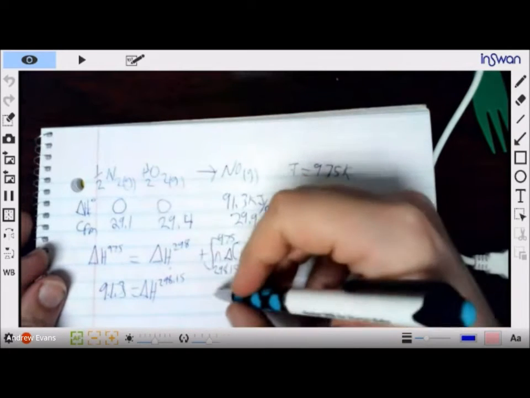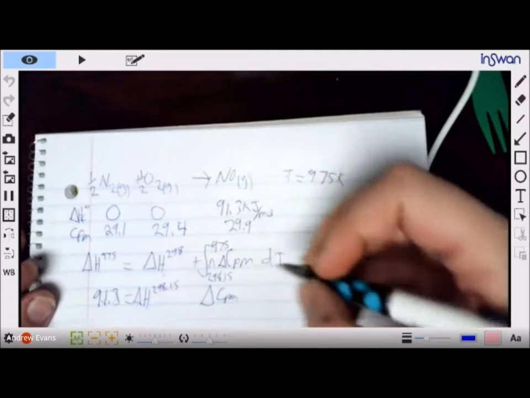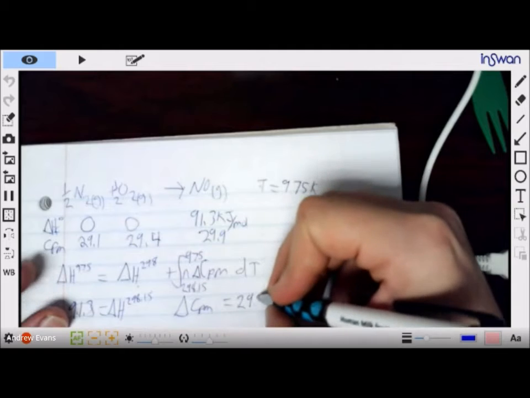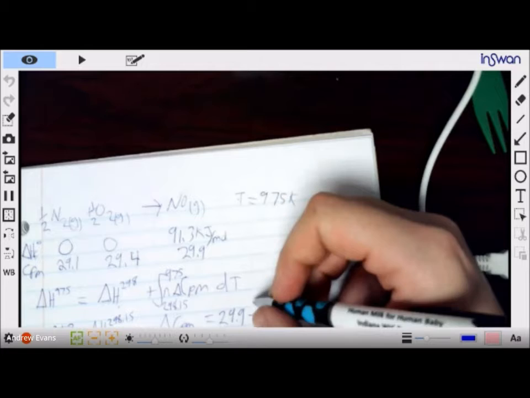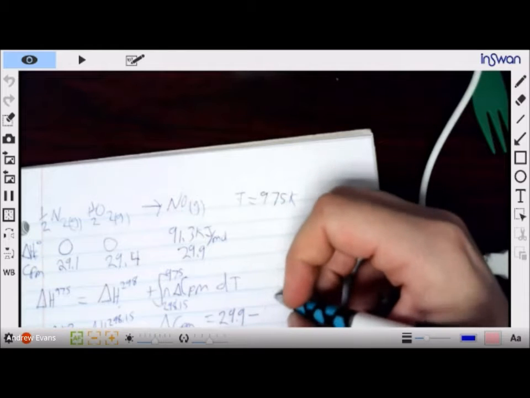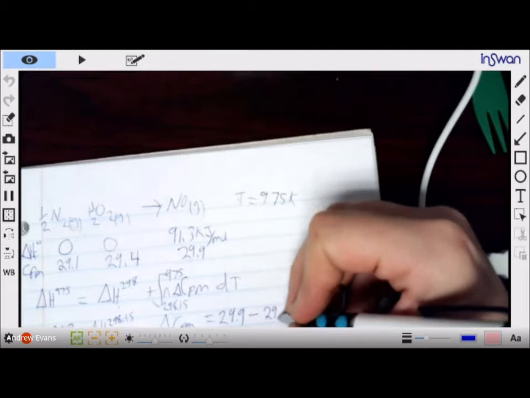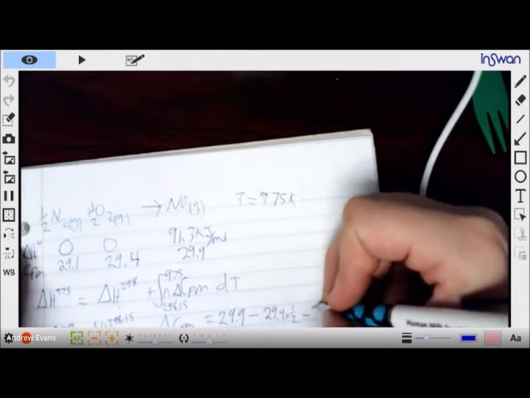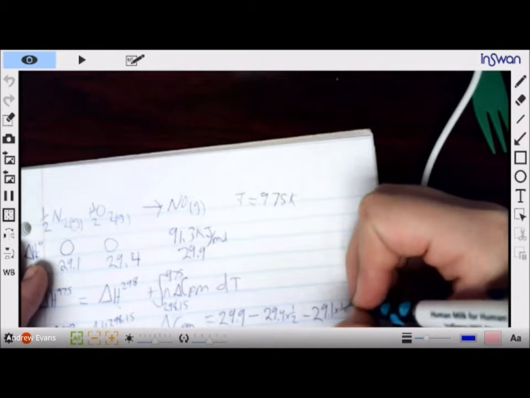Our change in C sub P sub M is going to be equal to products minus reactants all over the coefficient. So 29.4 times 1/2 and 29.1 times 1/2.